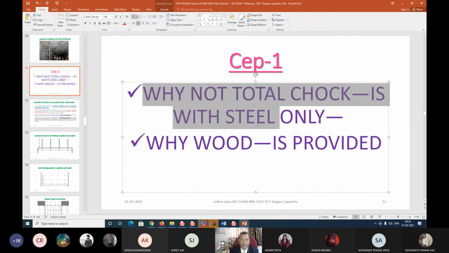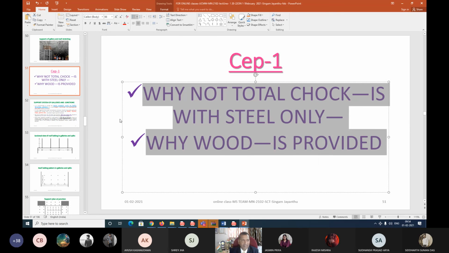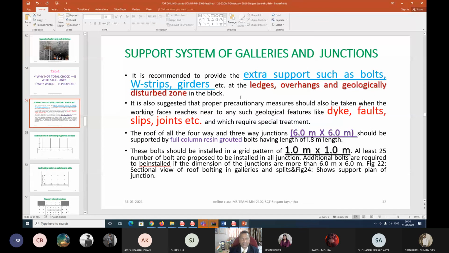This is the CEP we discussed at that time, which was not visible, and later the support system in that mine, which we are discussing, where at ledges, overhangs, and other places, additional supports like girders, W straps, bolts are used, then at the places of slips, joints, I mean faults, dikes, and where the width is more, causing more problems. At that time also we were getting additional supports to be made, right?